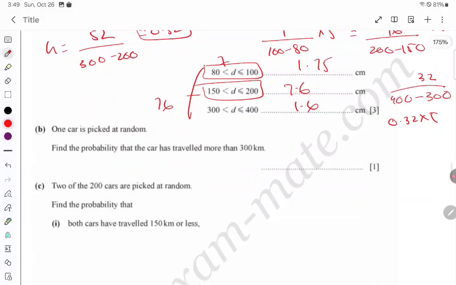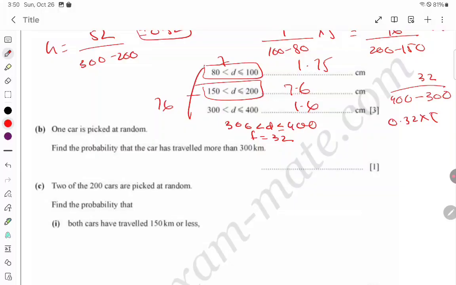Now for part B, one car is picked at random. Find the probability that the car has traveled more than 300 kilometers. For more than 300 kilometers, move to the last column, which is 300 less than distance less than or equal to 400, in which the frequency is 32.